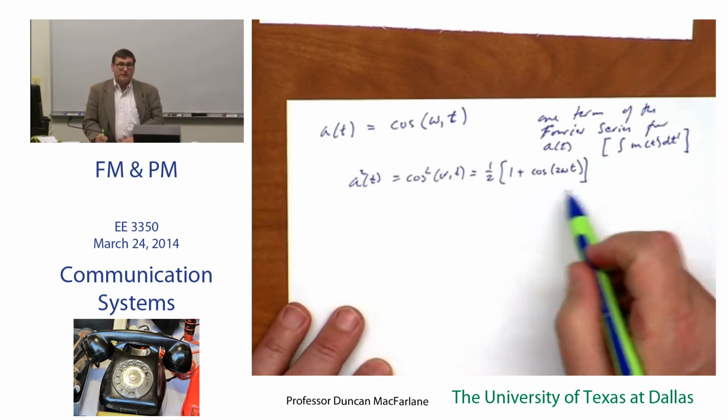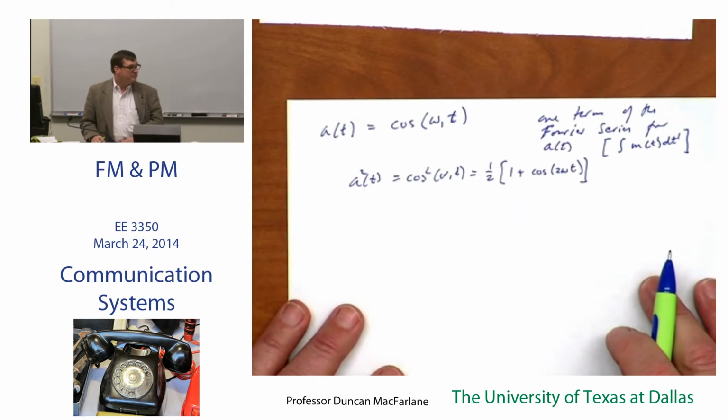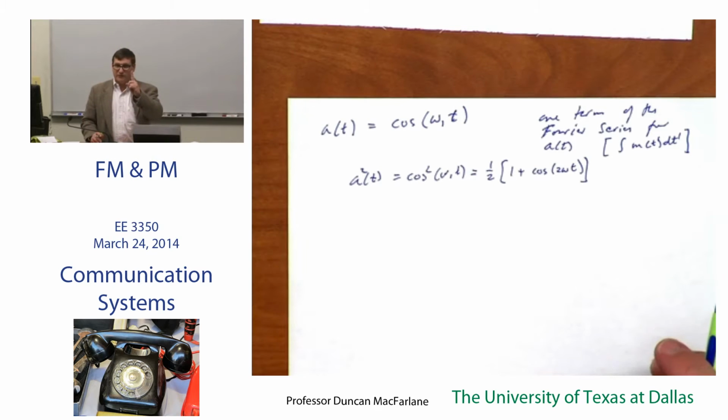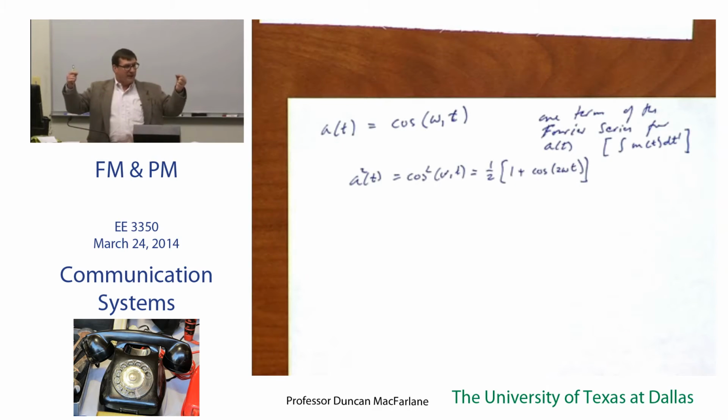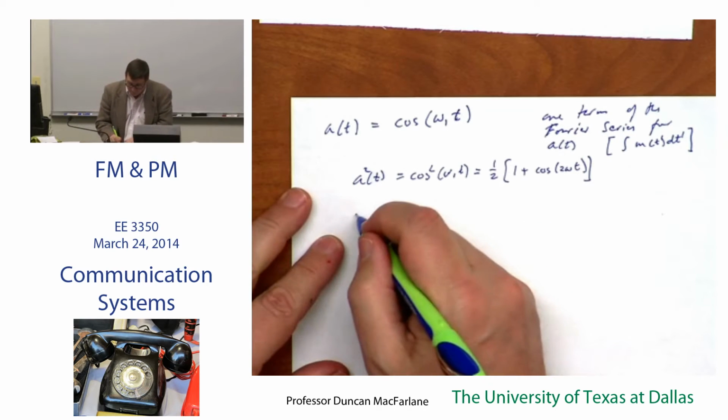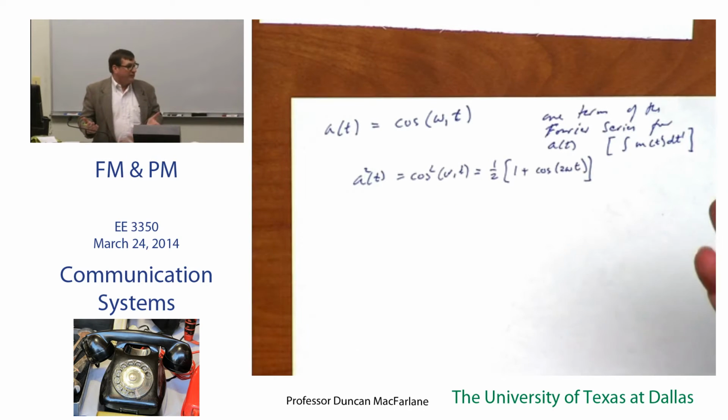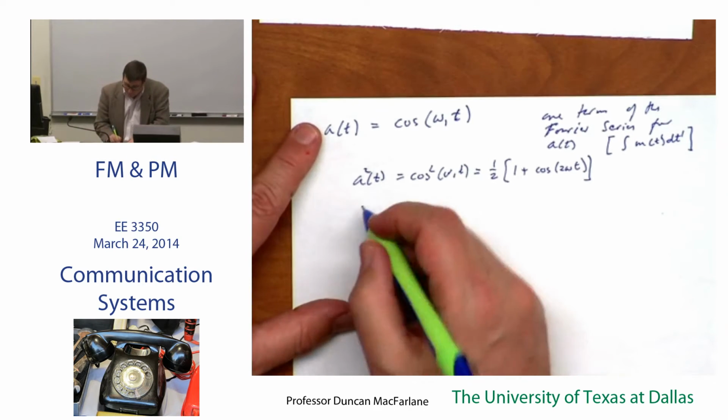And that would give me twice the frequency bandwidth. So if I start with that single frequency of omega 1 in my message signal, automatically I've got one at twice omega 1. That's only for my first term in my Taylor series.